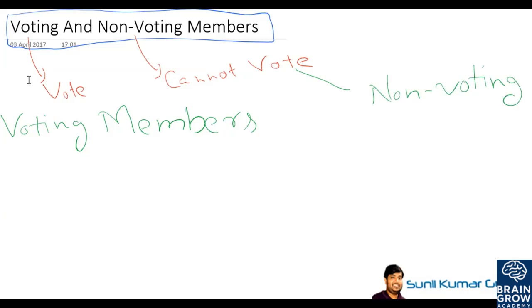What is the difference? Voting members can vote and non-voting members cannot vote in the election. There can be a maximum of 7 voting members in a replica set, and non-voting members can be up to 43.